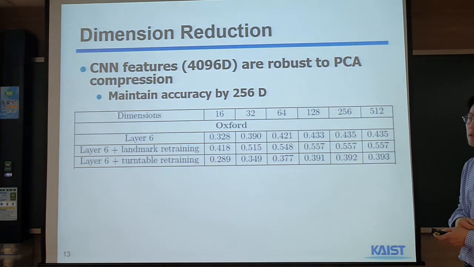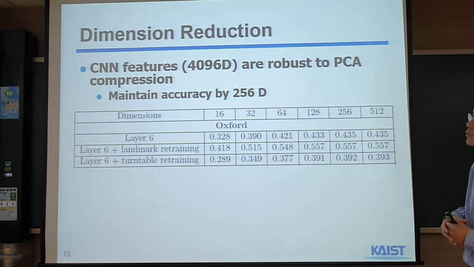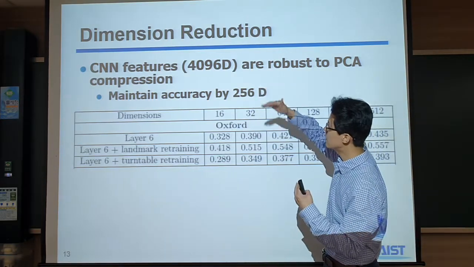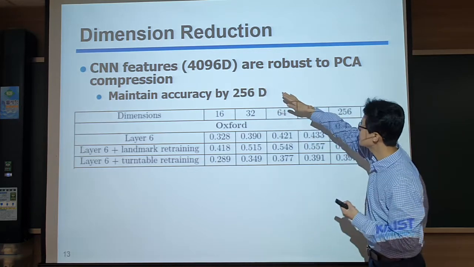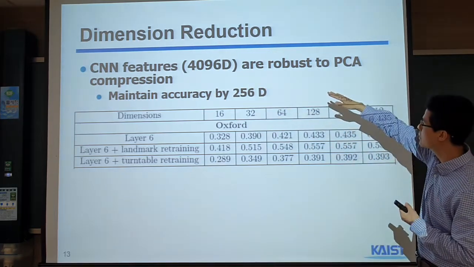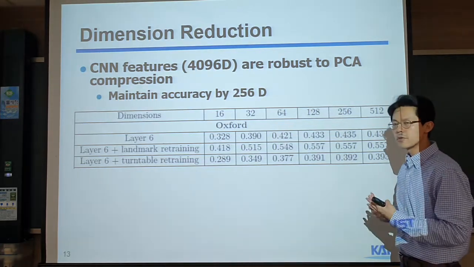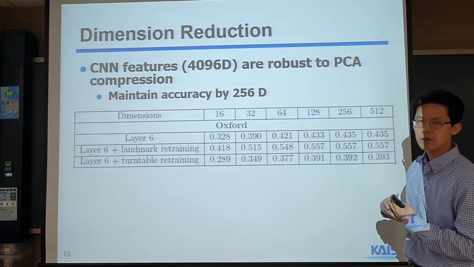Also, one of the things they identified is that they tried out some dimension reduction. In their approach, they might use a lot of channels. Their CNN features are 4096 dimensions, right?